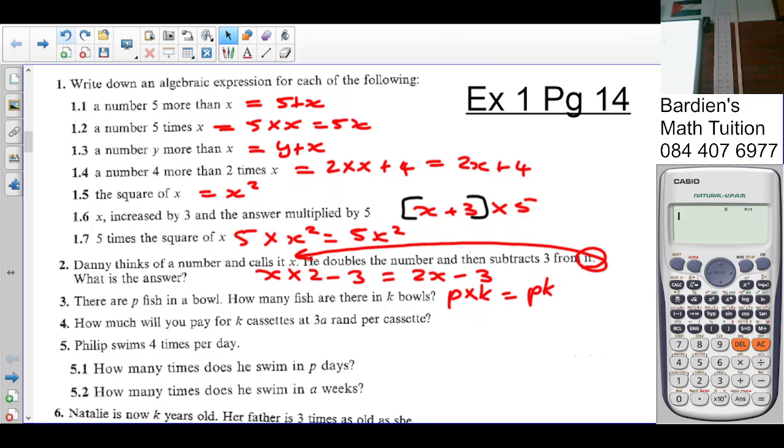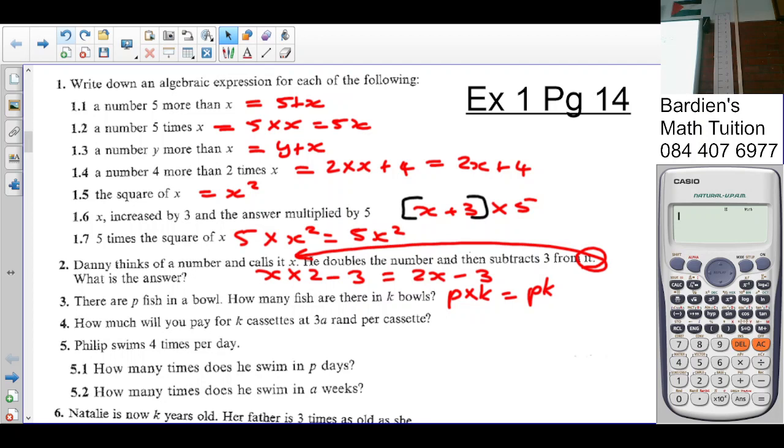Let me just check if I'm right. Maybe I'm wrong. PK fish is right. Yes.